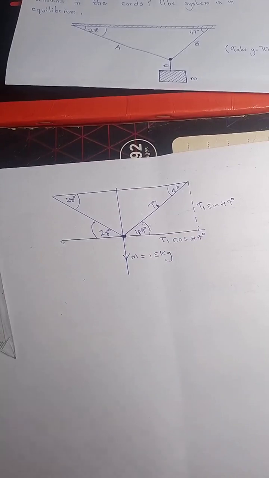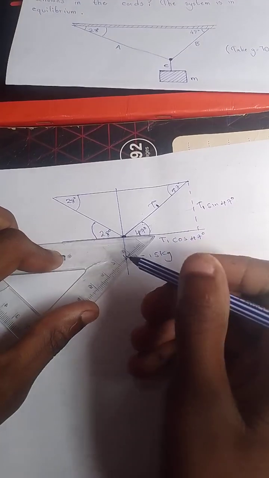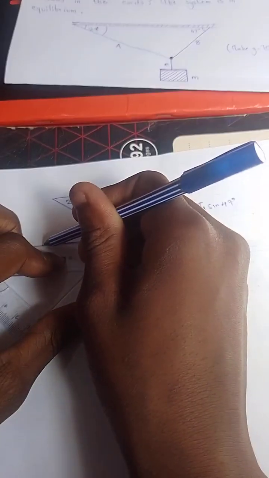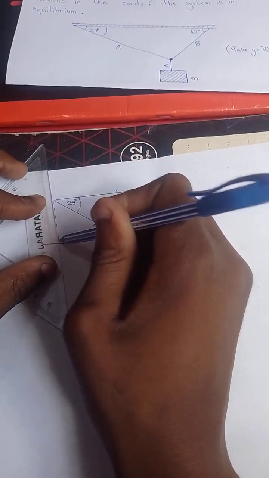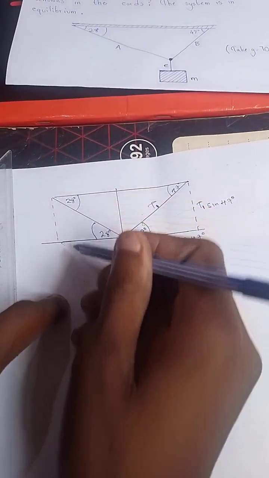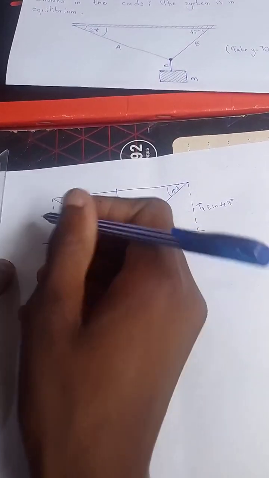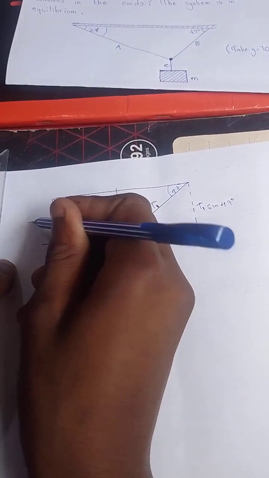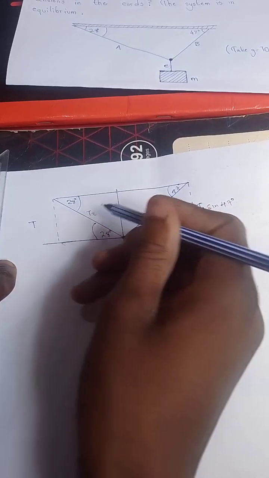So when we resolve that force into its components, we are going to do the same on this other side. We are going to extend like that. Then we have a 28 here, we have a 28 there. What will be our opposite will still be T. Now let me differentiate this tension and this tension by making this T2.